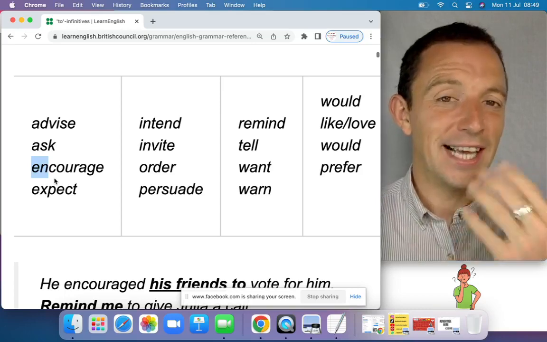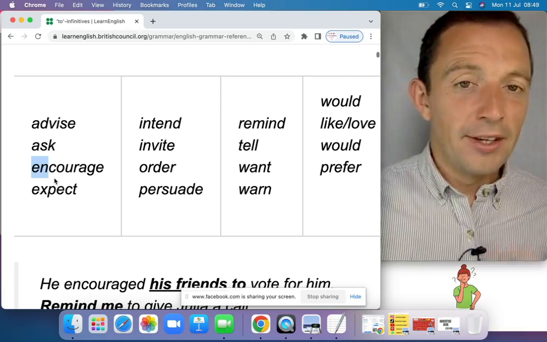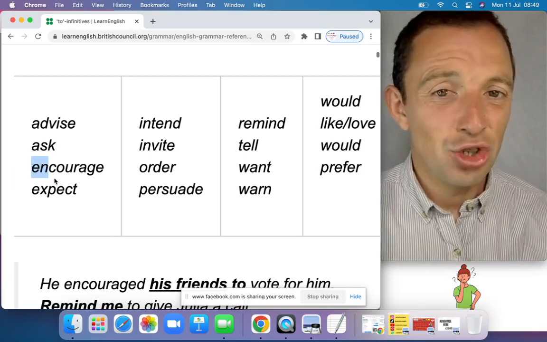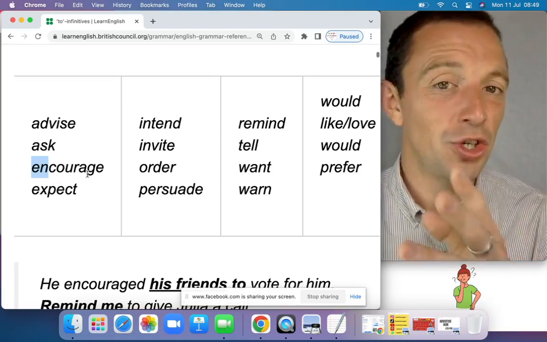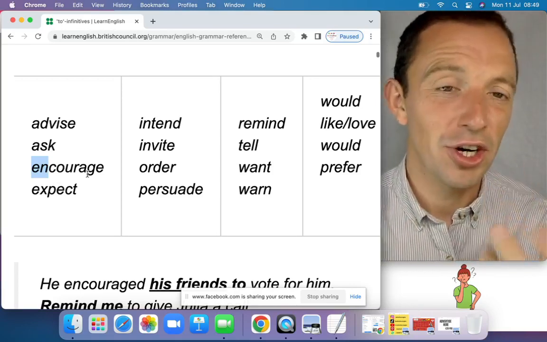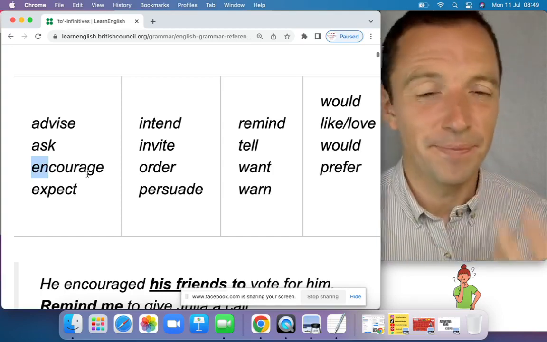But in this case, it's encourage, with the significance really to give somebody courage, to give them strength.